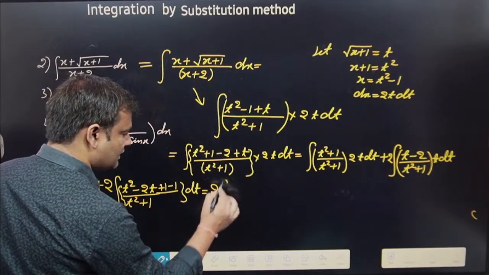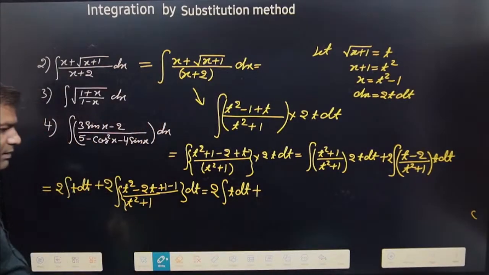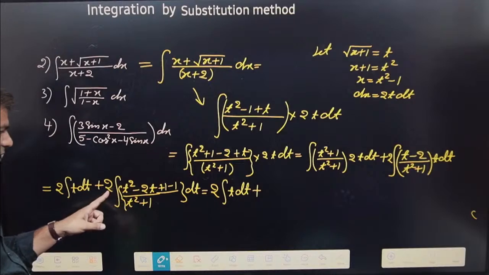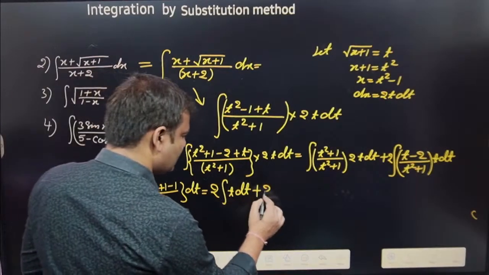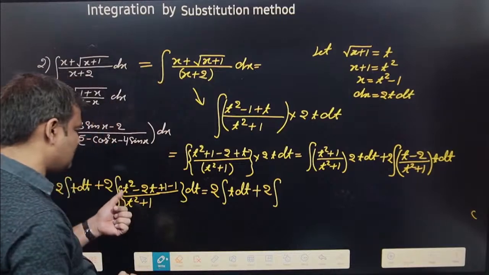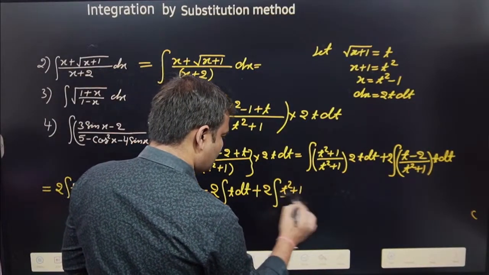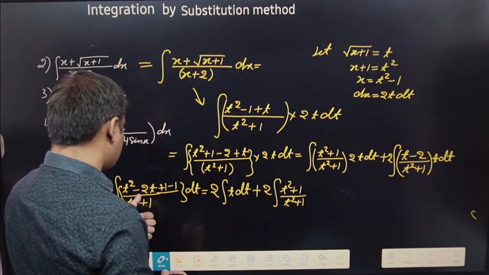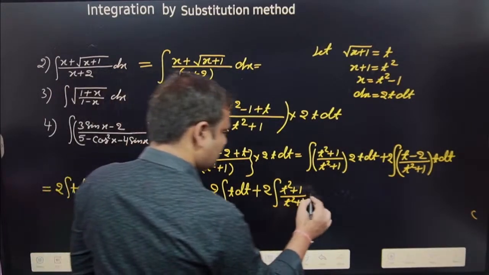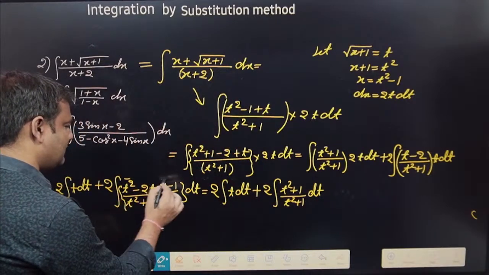This one integration of t dt, 2 times t dt, and also now what about that value? 2 times integration of, here t square plus 1 upon t square plus 1, into dt, that one and that one.